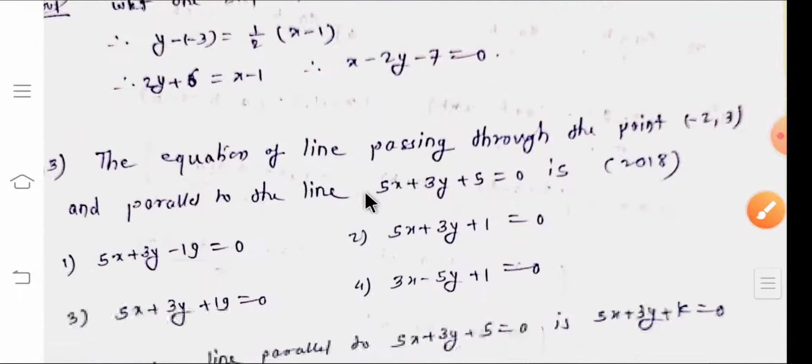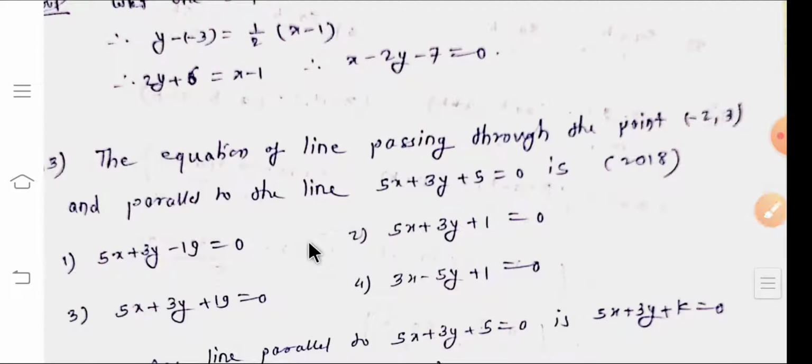Similarly, the next example: the equation of a line passing through the point (minus 2, 3) and parallel to the line 5x plus 3y plus 5 equals 0 is: 5x plus 3y minus 19 equals 0, 5x plus 3y plus 1 equals 0, 5x plus 3y plus 19 equals 0, or 3x minus 5y plus 1 equals 0.